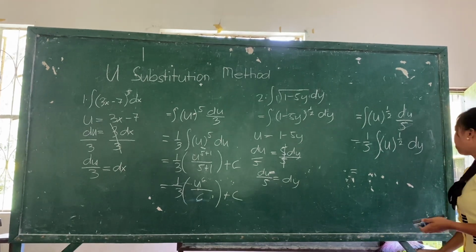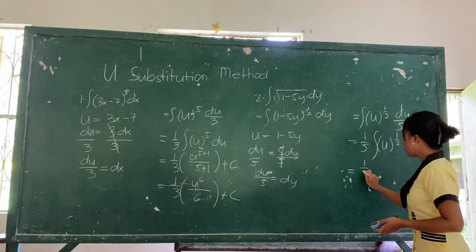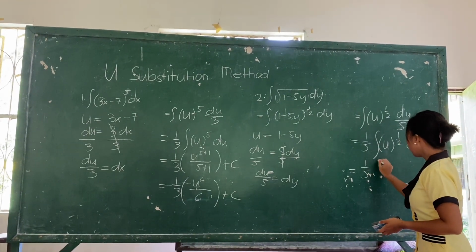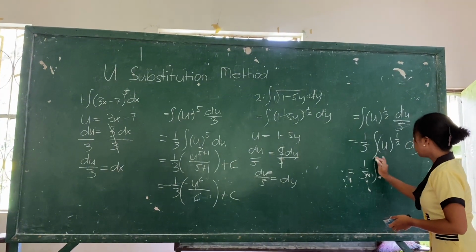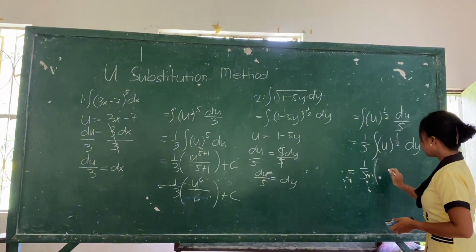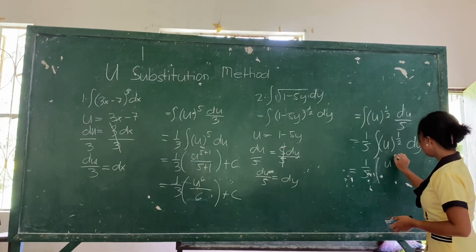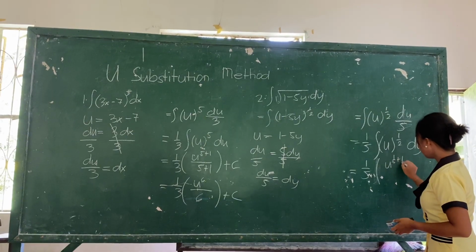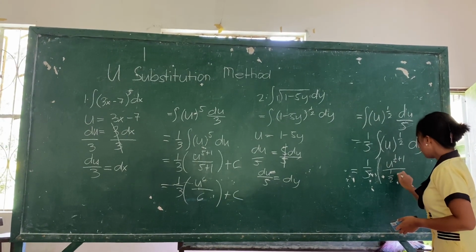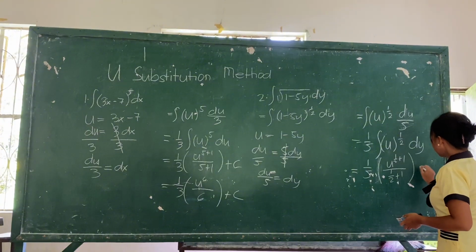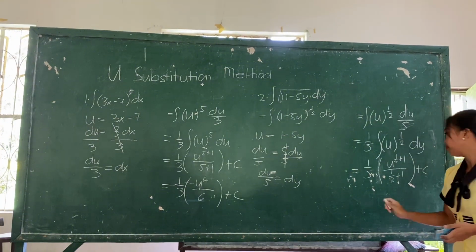Next, apply power rule. 1/5 integral of u^(1/2+1) over 1/2+1 plus c.